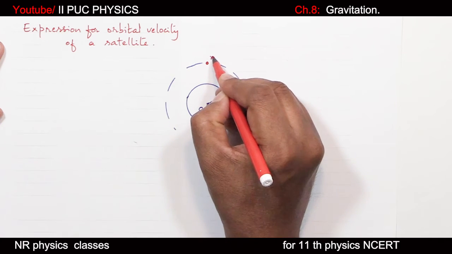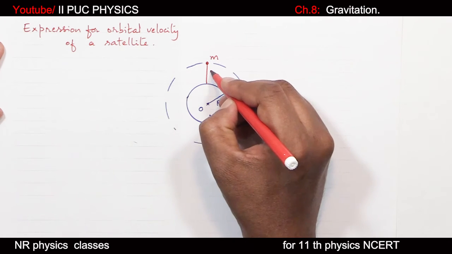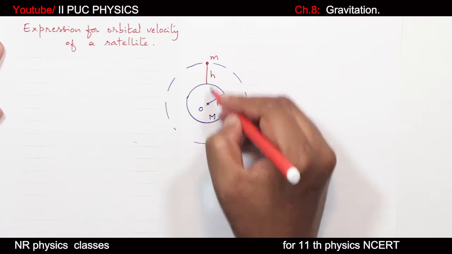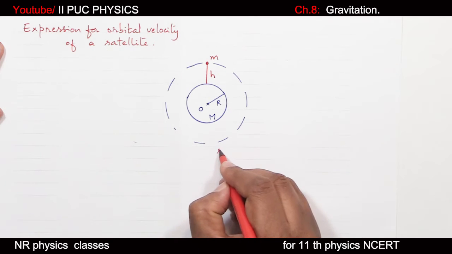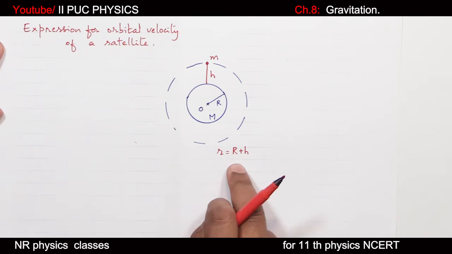Satellite of mass small m at a height h above the ground. So total distance becomes r equal to R plus h, isn't it?